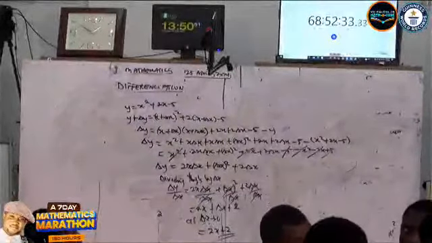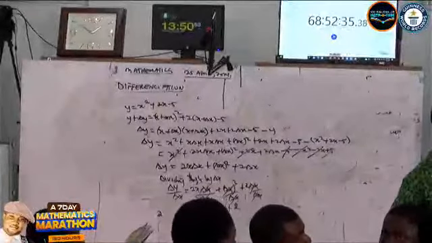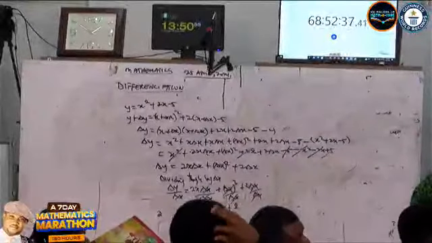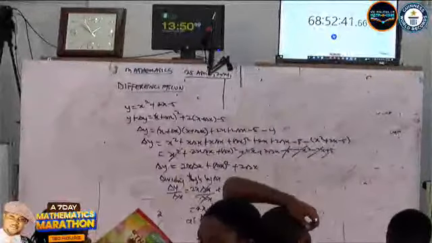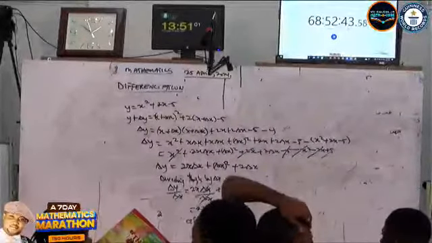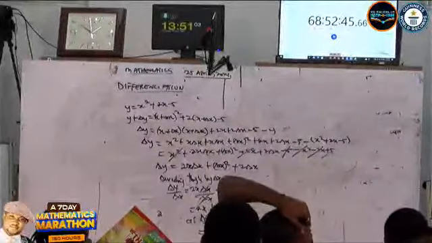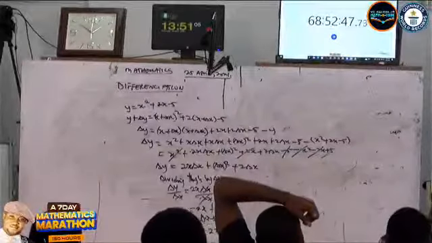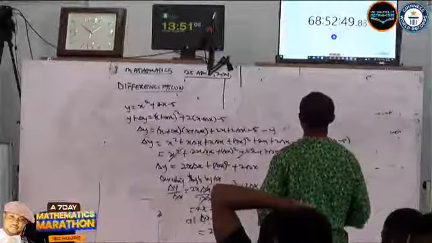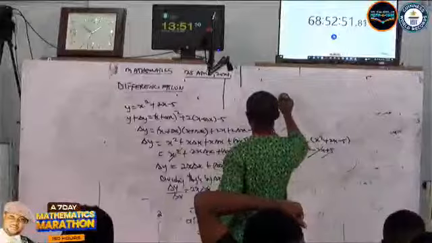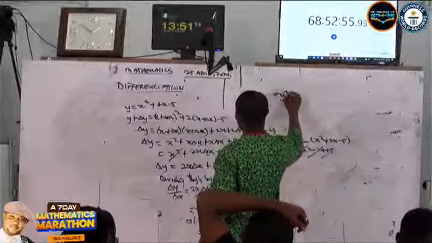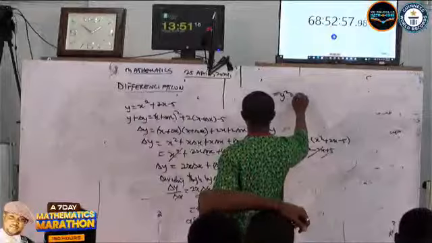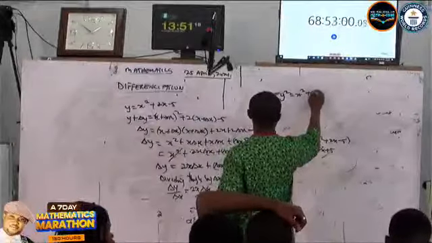All right, so question time is over. Now let's try to solve. I want you guys to try something for me. Use this method and solve this math for me. Let's see how it goes. y equals x squared plus 3x.